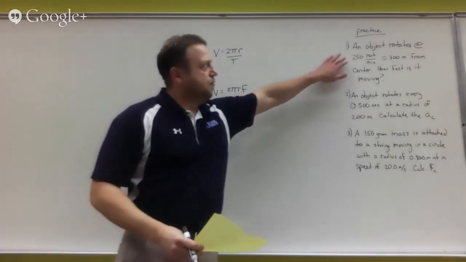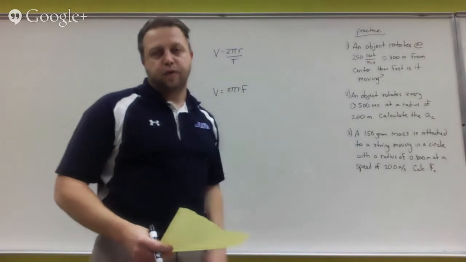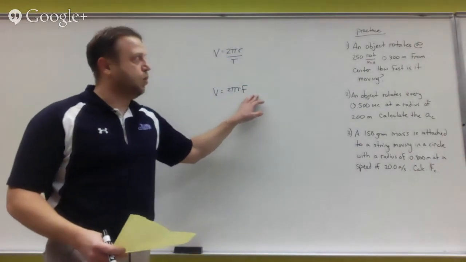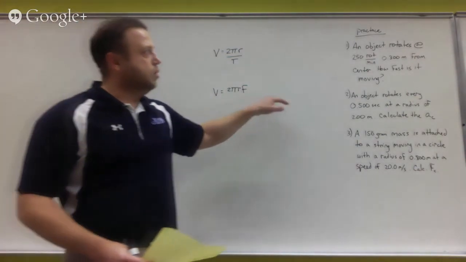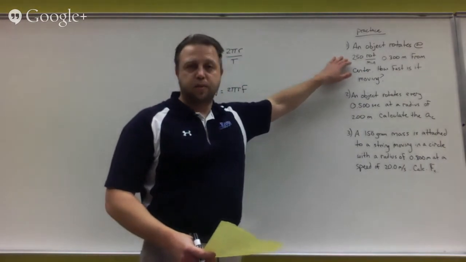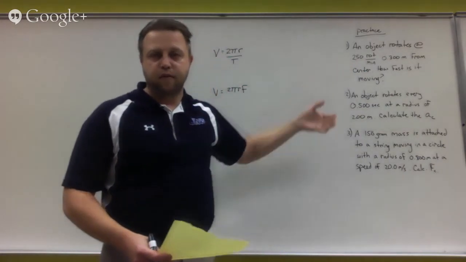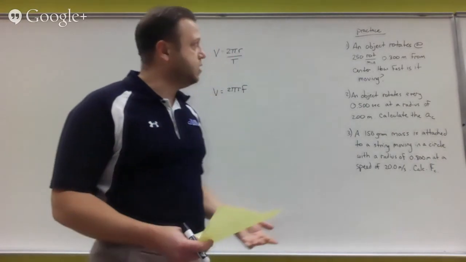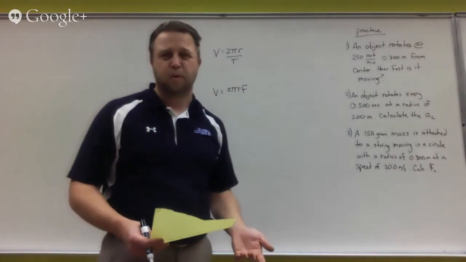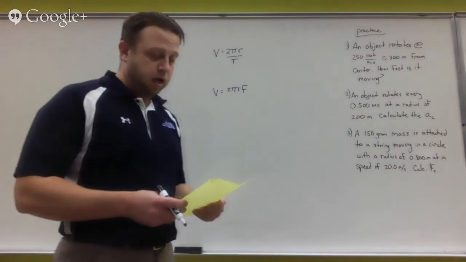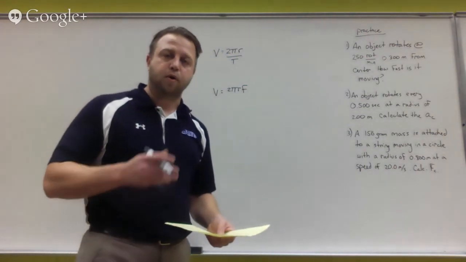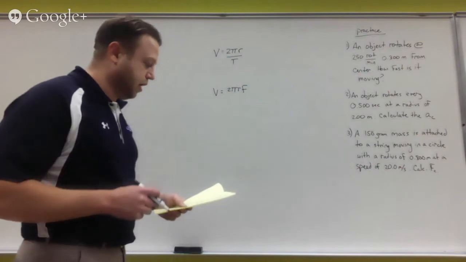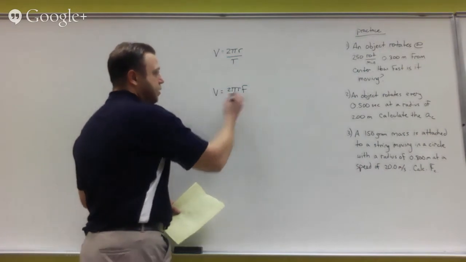Since the 250 rotations per minute indicates frequency, we can solve this in one step. The other thing we can do is convert this to rotations per second and then invert it to solve for the time for one rotation. Obviously if it's rotating at 250 rotations per minute, that's going to be a pretty small time period per rotation. So let's just solve for it straight out with this equation.